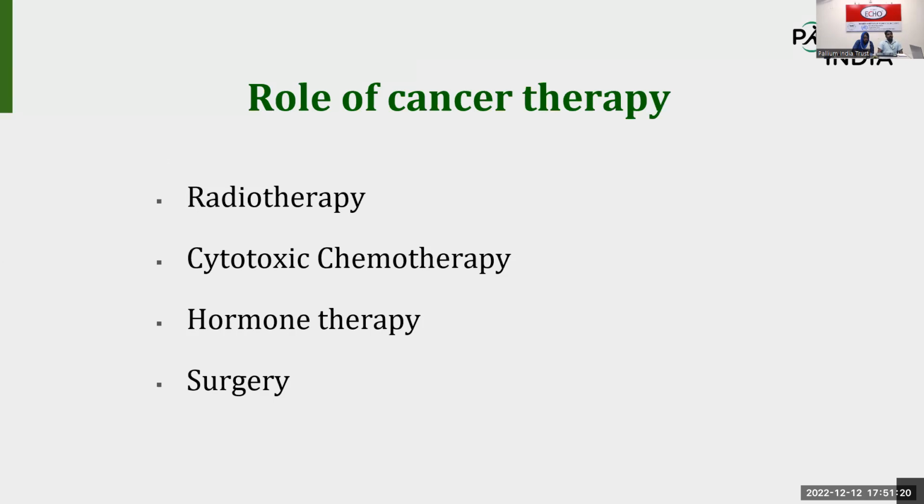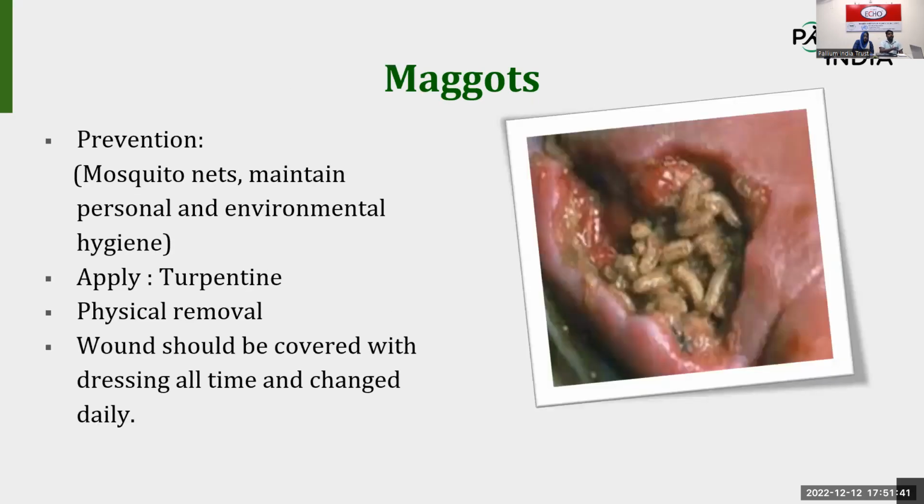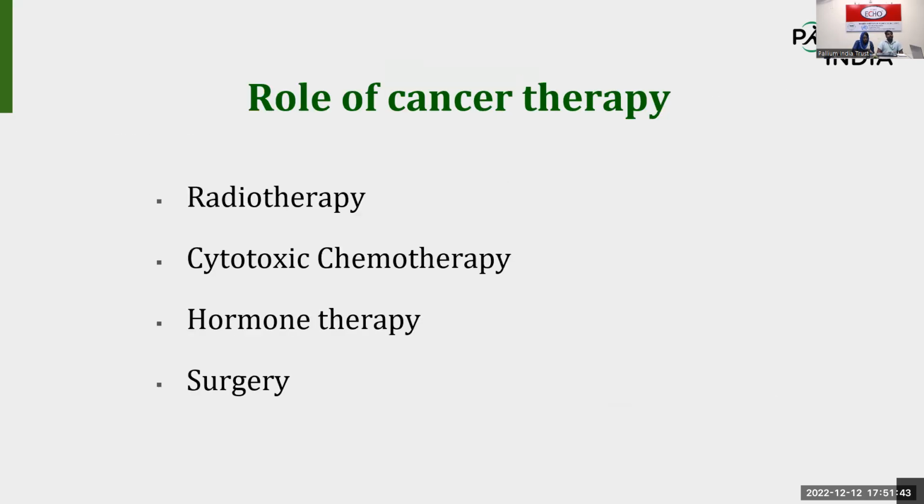Then the role of cancer therapy also. In cancer, as we all know, we can do radiotherapy. Then cytotoxic chemotherapy also; mainly it is done to control the multiplication of the cancerous cells.